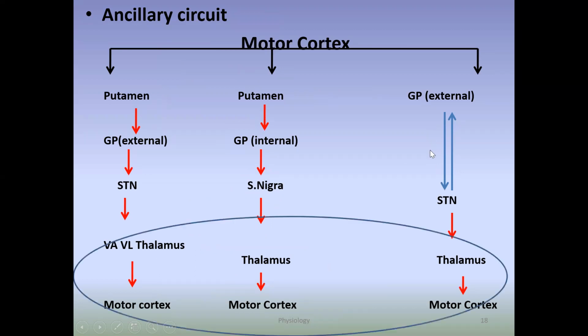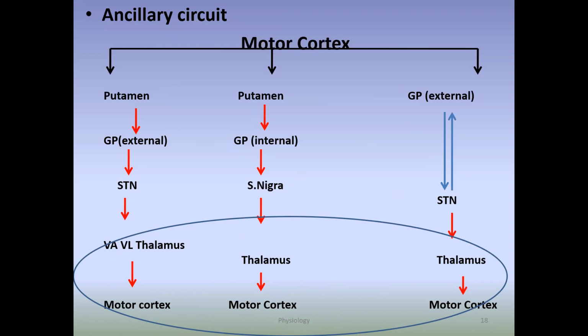This is about the ancillary putamen circuit. The only difference is the subthalamic nucleus, substantia nigra, and the two-way connection, while the end point is the same for the main putamen circuit and the ancillary putamen circuits. And the main function of this putamen circuit is subconscious execution of learned patterns of movement.